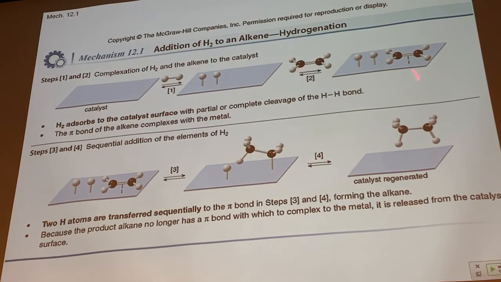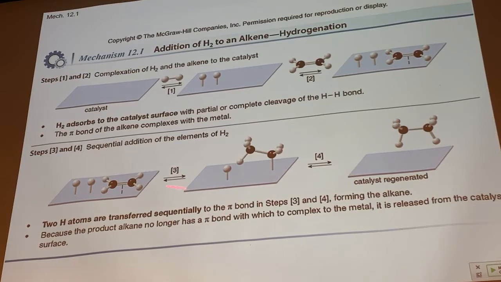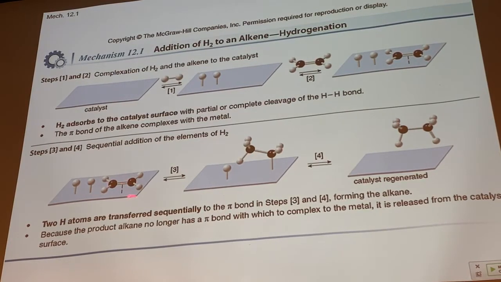So in these first two steps, we now have our reactants attached to the metal in close proximity with each other. Okay, so that sets us up for step 3. And in step 3, what we're doing is we're breaking the pi bond and replacing it with a carbon-hydrogen sigma bond and a carbon-metal sigma bond.